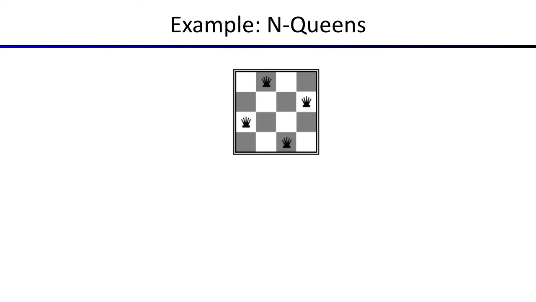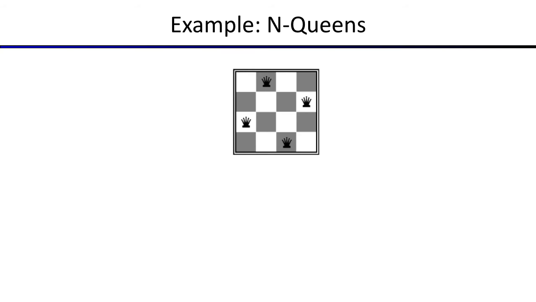N queens. Who has seen this puzzle before? A few people. Okay. Well, the game here is basically you have an n by n board, chessboard, and your goal is to place n queens on squares on the board so that none of them are attacking each other.